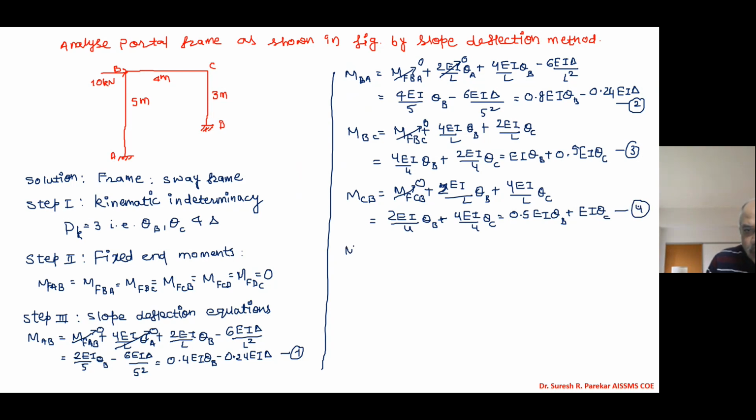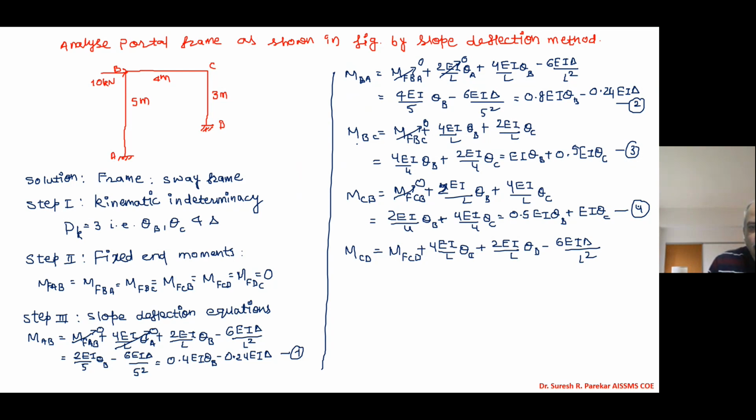Then we have MCD, MFCD plus 4 EI upon L theta C plus 2 EI upon L theta D minus 6 EI delta upon L square. Always keep in mind, sway is related with your columns, not with beams.